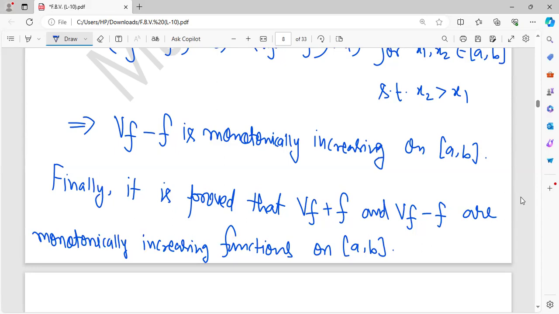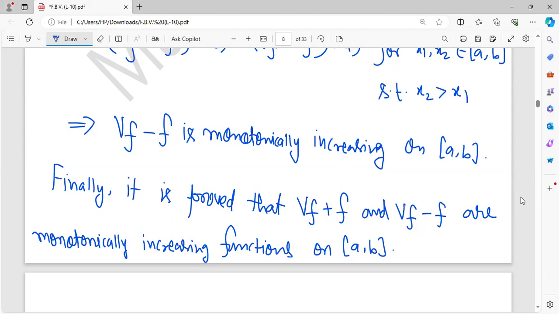So in this lecture, I am recalling what we have done. We defined the variation function corresponding to a function of bounded variation, and we studied five properties of the variation function. First, at a, V_f is 0.